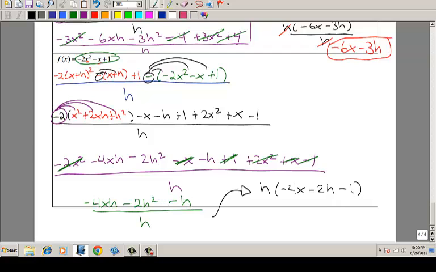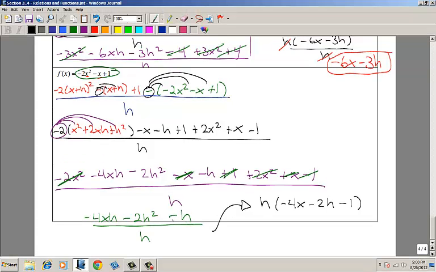Okay? This doesn't go away. Because the h isn't there, there is a 1 as a placeholder. Remember that h has a 1 as its coefficient. We put this all over h. Well, our h's cancel. So the difference quotient here would be negative 4x minus 2h minus 1.